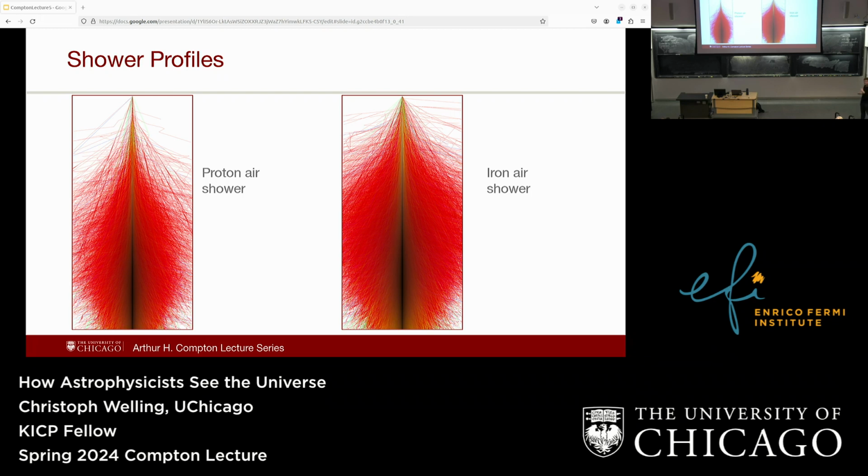So these showers are going to start much further up in the air. And also, because a proton has a pretty decent chance to actually make it fairly deep into the atmosphere, where it actually has this first interaction is going to vary much more between different showers.